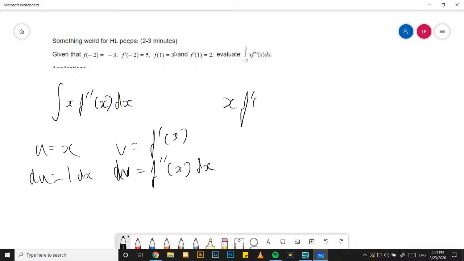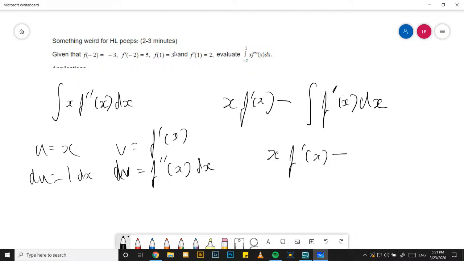And eventually, that's going to give us x f prime of x minus the integral of f prime of x dx, as so, and that gives us x times f prime of x, and because the integral of a derivative just goes backwards, you're going to end up with f of x right over here.